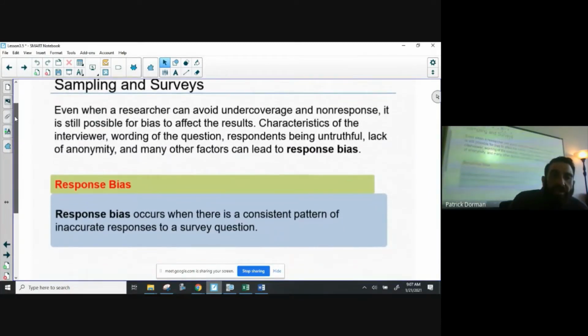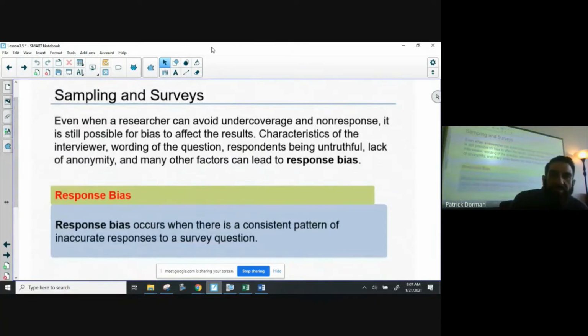And so you can also have a response bias. Something that I've always thought about when I was in high school, and I haven't seen them do it, at least they don't do it where I can see it anymore. They used to give all teenagers this crazy survey that we had to do during our English class. They would ask us crazy stuff, like if we had had sex, how often, really personal stuff.